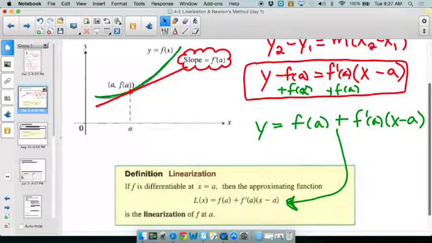But the one thing that we haven't done that we're going to do with this is use this to approximate the value of a function. Okay? So if we look at the function and the linearization, the tangent line here, can you see that there is a gap between the two over here to the left of a? That gap goes all the way up to that point.